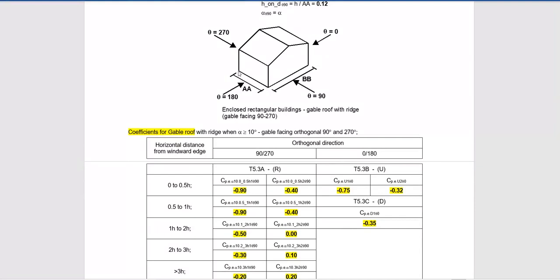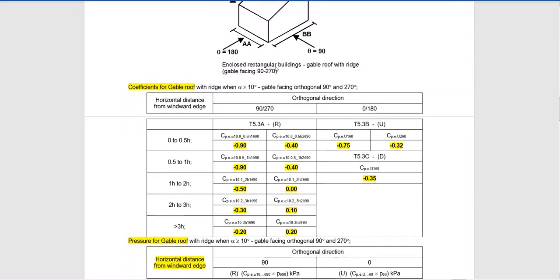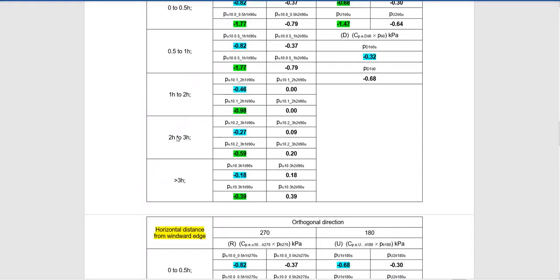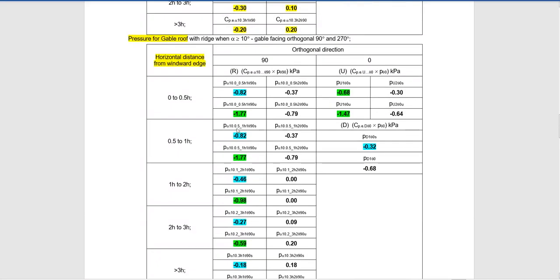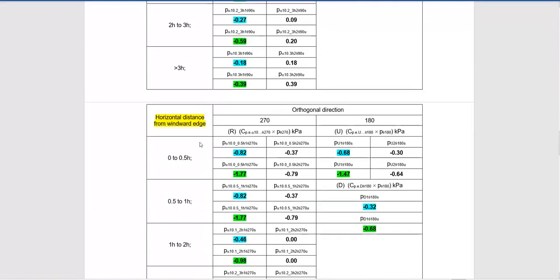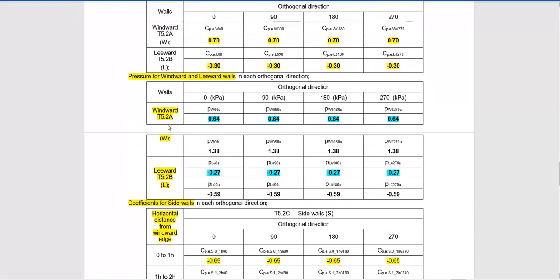This side is represented by the letter A. It is going to be divided into 0 to 0.5h, 0.5 to 1h, 1h to 2h, 2h to 3h, and then this side at the far end will be greater than 3h. That's what it means from this table, from here.